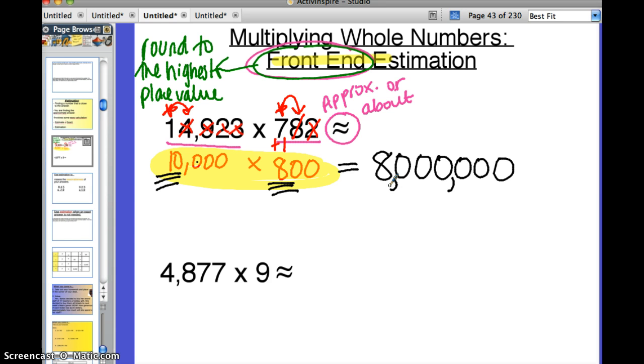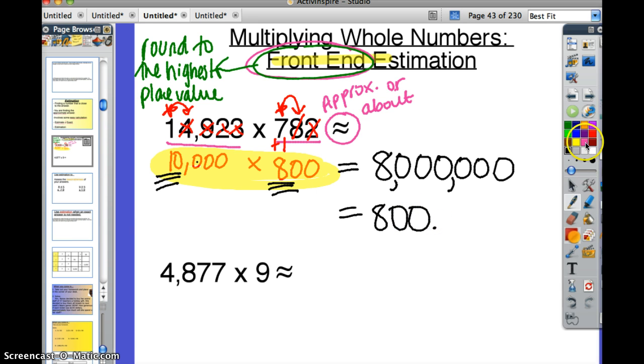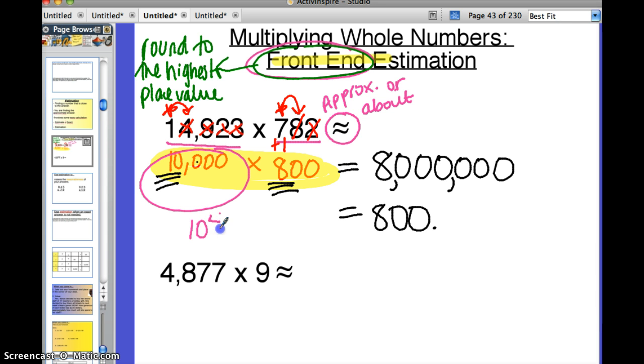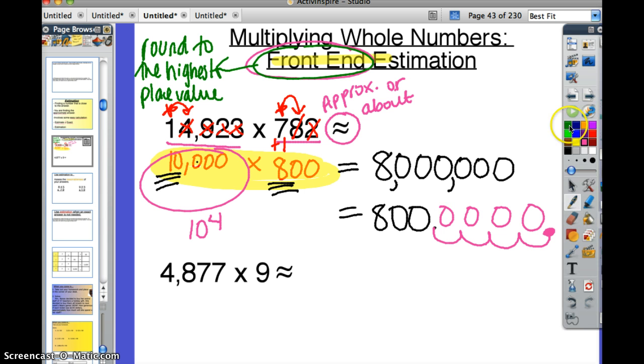Or you can take your 800, add a decimal place in there, and shift that place value 10 to the 4th times, right? So we're going to shift that 10 to the first, 10 to the second, 10 to the third, 10 to the 4th, and then fill those placeholders. You get the same answer, but those are just two strategies.